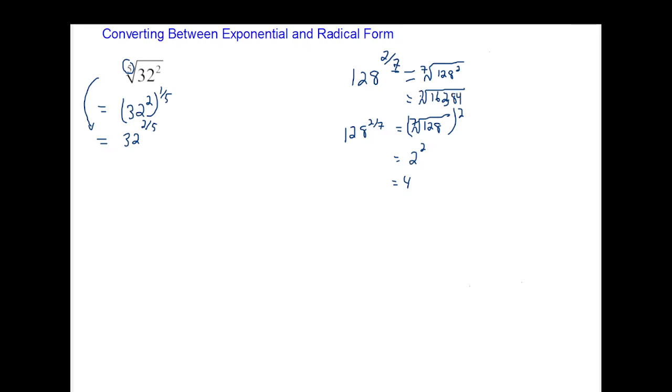And we're looking for the 7th root of that. I ran out of space, but the 7th root of that, there should be a button on your calculator that will do an nth root or an x root. So let's just do the 7th root of 16,384, and we should get that same answer of 4.